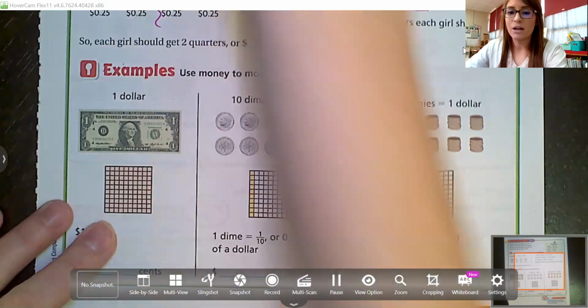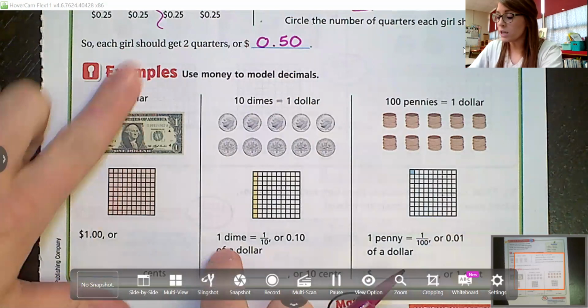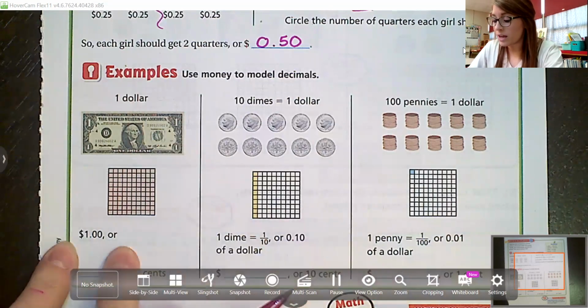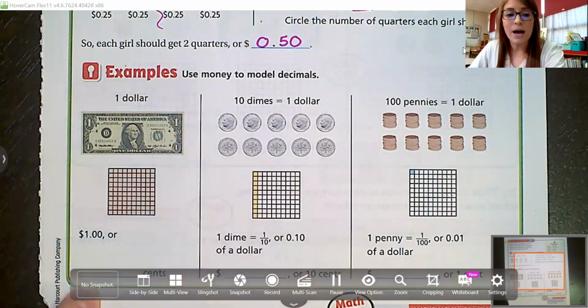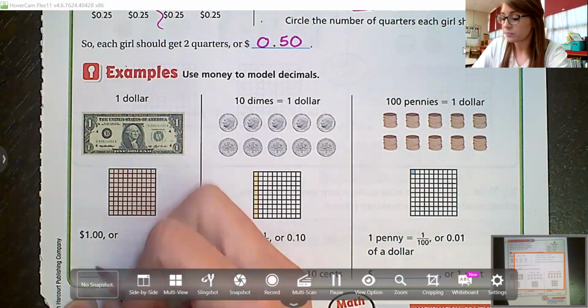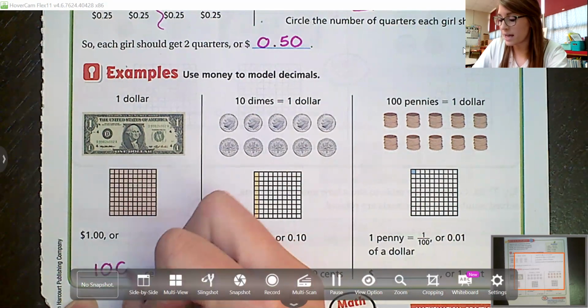Let's look down here and look more at how money relates. $1 can be written like this, or it is how many cents? 100 cents.